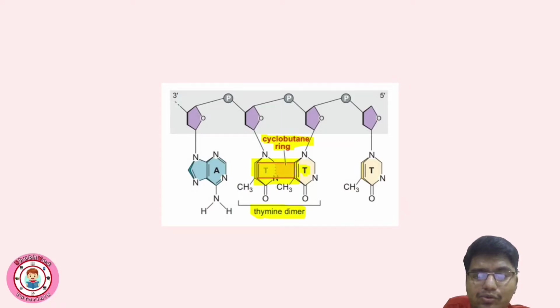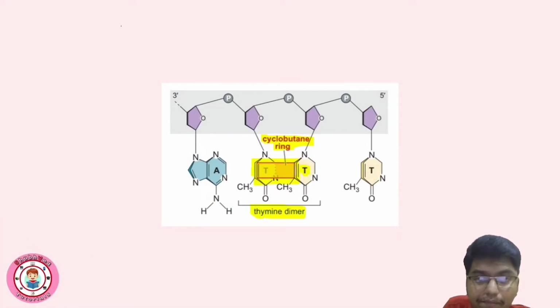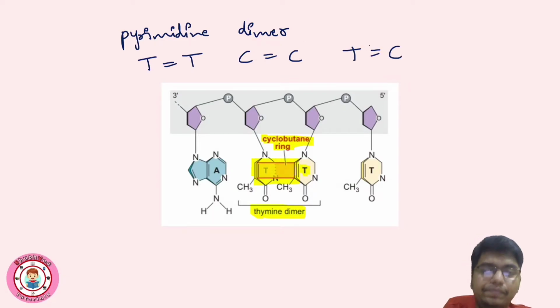This is a pyrimidine dimer. It can happen between TT, CC, and also between TC. This is the cyclobutane ring formation.